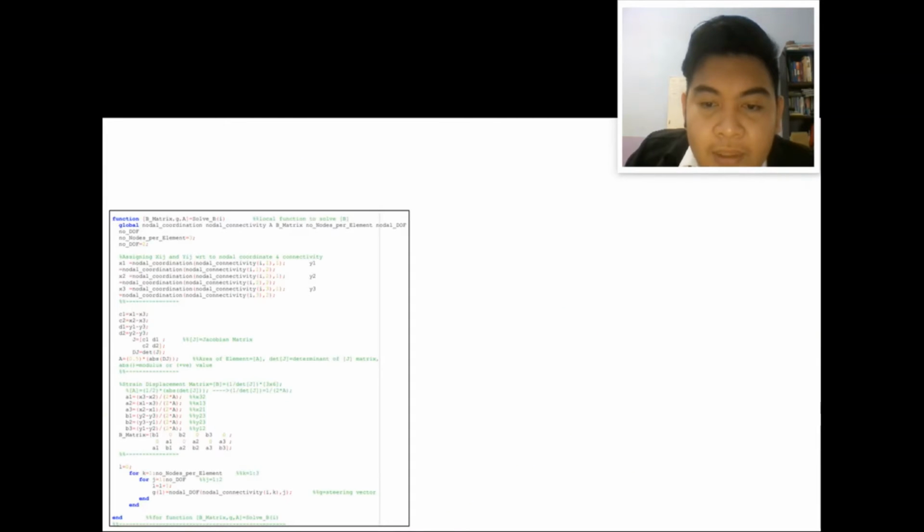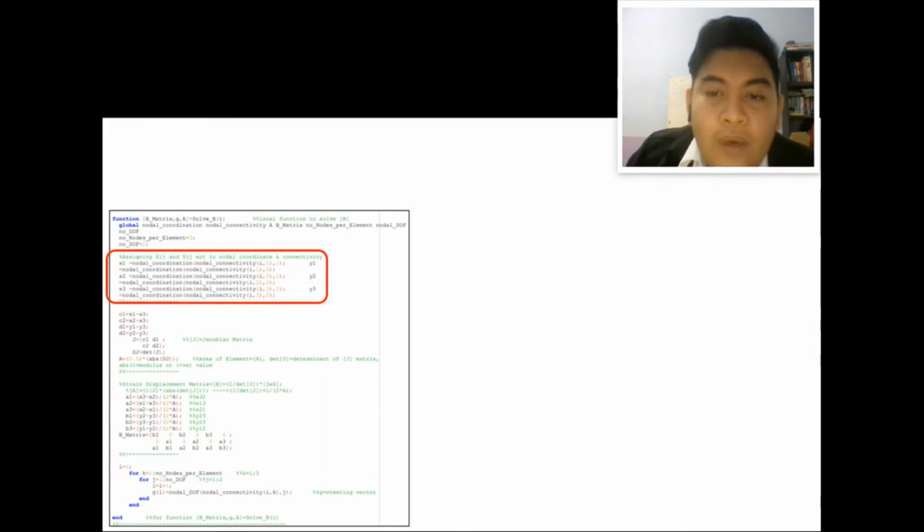Next, we'll be using these two local functions as we want to reuse them again without worrying about complex code to debug later on. The first function solves the strain displacement matrix B, where firstly we assign the nodes with respect to their nodal connectivity for each element.